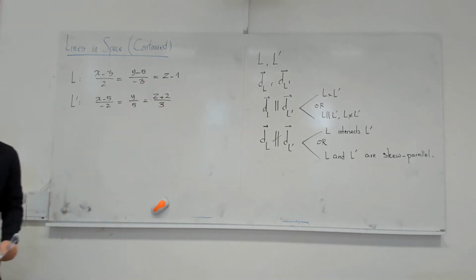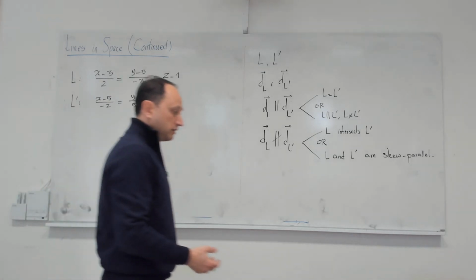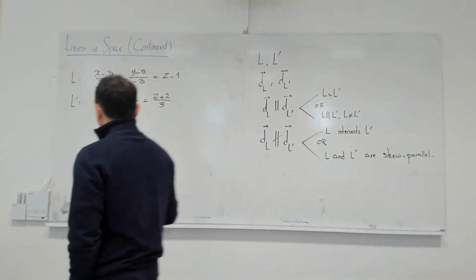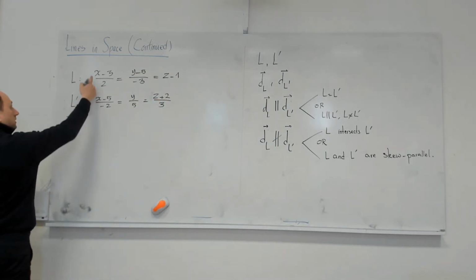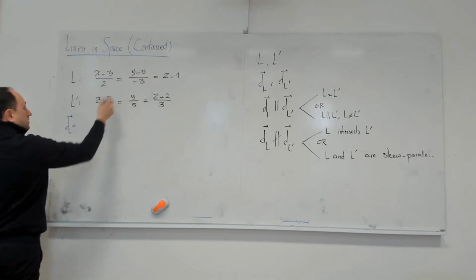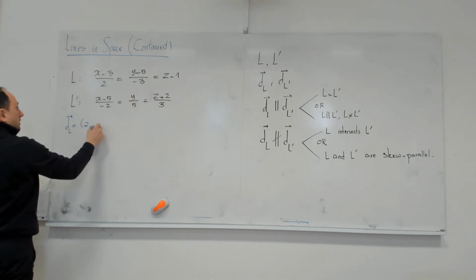So we want to determine the relative positions of these two lines. This is the canonical standard form, so we can immediately read dL. It is just (2, minus 3, 1).